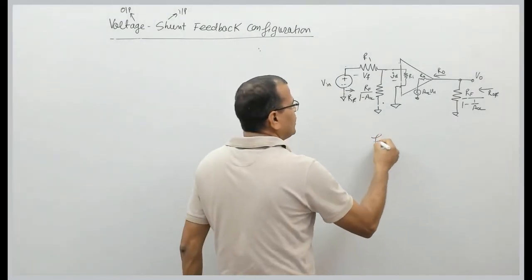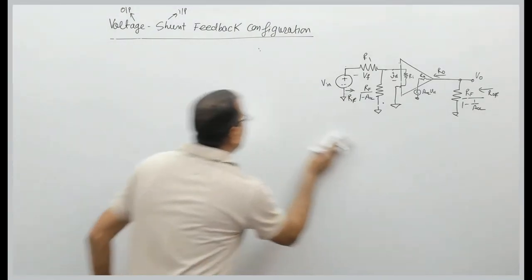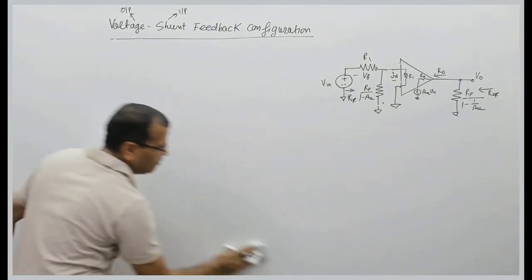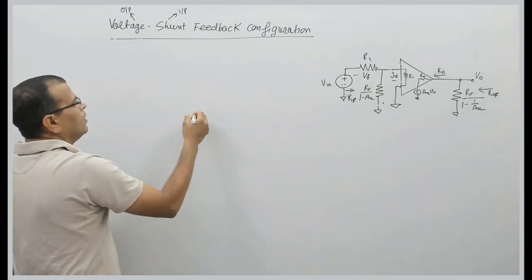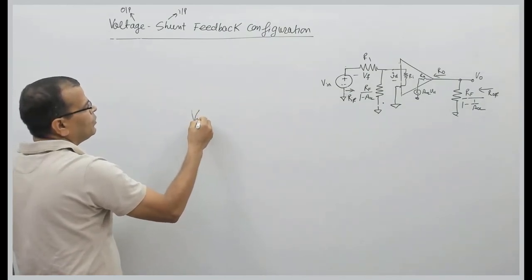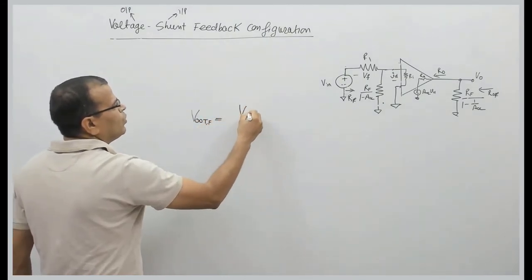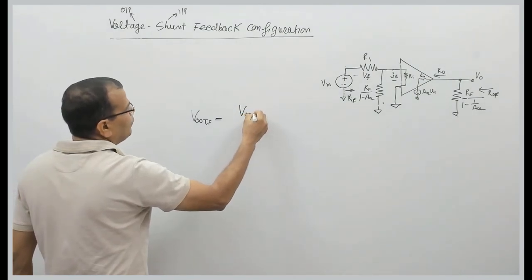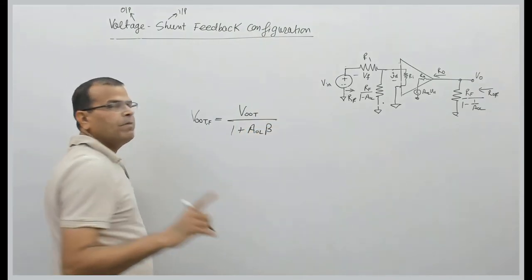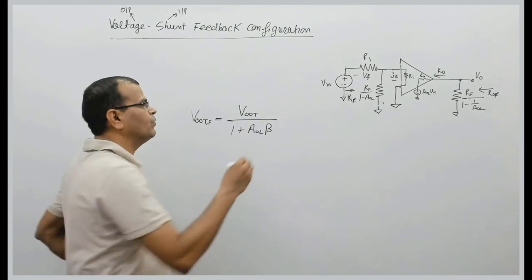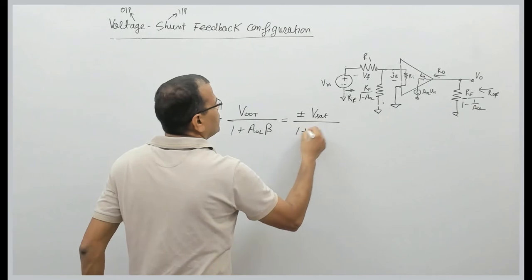So the output offset voltage of inverting configuration reduces by factor 1 plus AOL beta, just like non-inverting configuration. So the total output offset voltage with feedback is equal to total output offset voltage without feedback divided by 1 plus AOL beta. And remember, without feedback, output offset voltage is equal to plus minus Vsat.